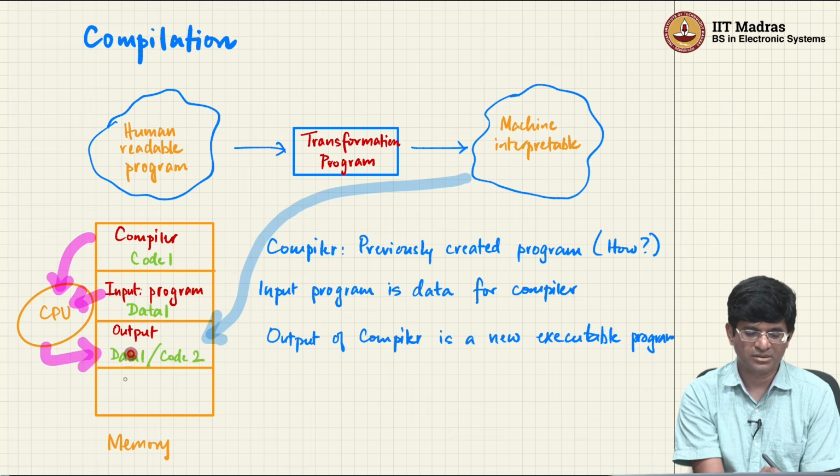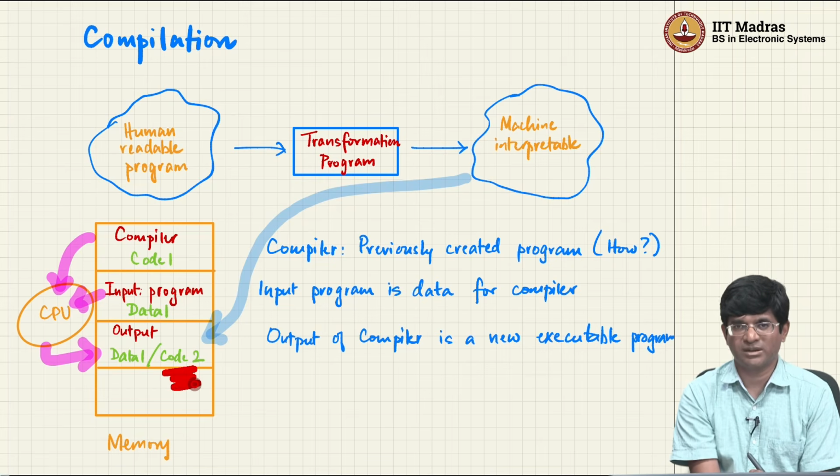That is getting stored into another part of memory, and the interesting observation here is this new output is actually once again data corresponding to this program, which is why I am calling it data 1, but at the same time it is also the code or the machine instructions corresponding to another program, a new one that I have created.